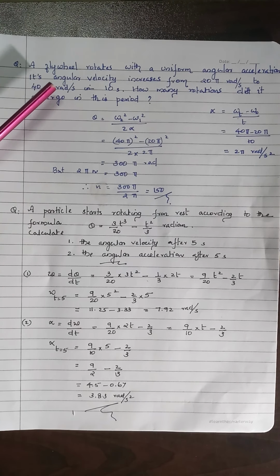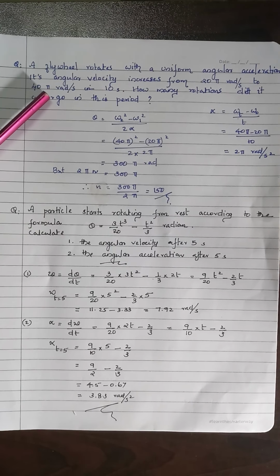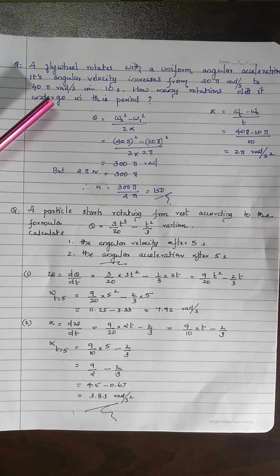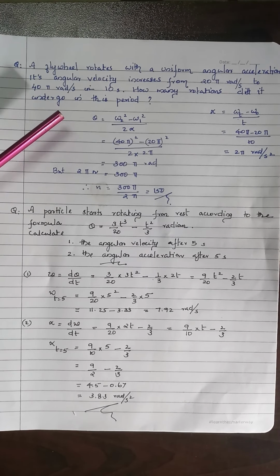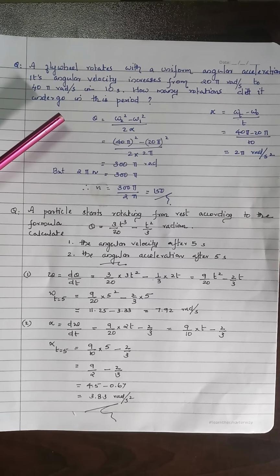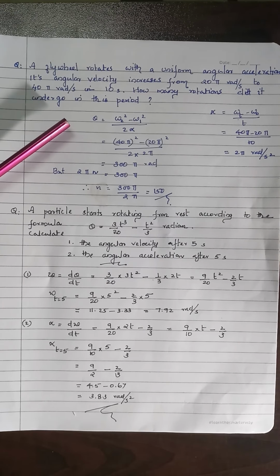A good question. A flywheel rotates with a uniform angular acceleration, its angular velocity increases from 20 pi radian per second to 40 pi radian per second in 10 seconds. How many rotations does it undergo in this period? And here we can easily find the angle theta as omega t square minus omega 0 square by 2 alpha.